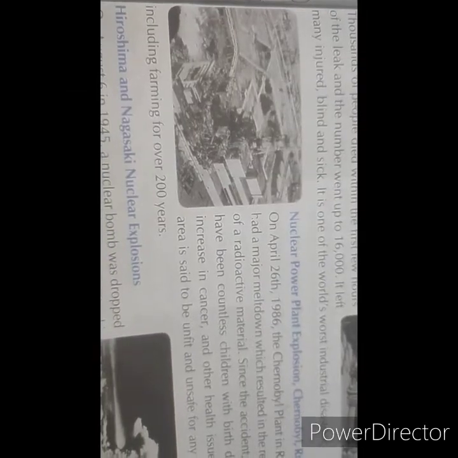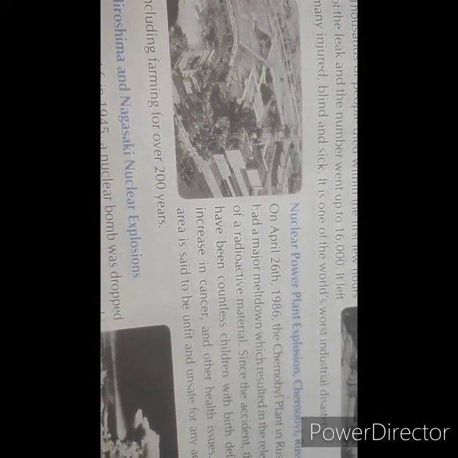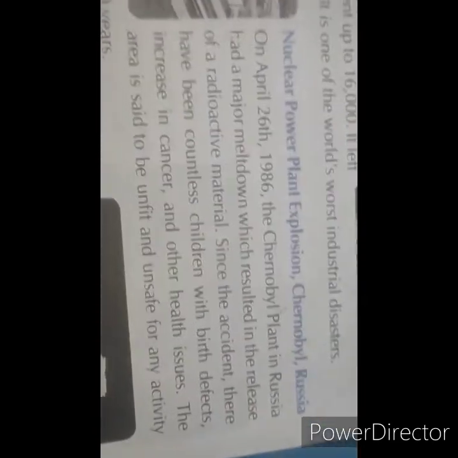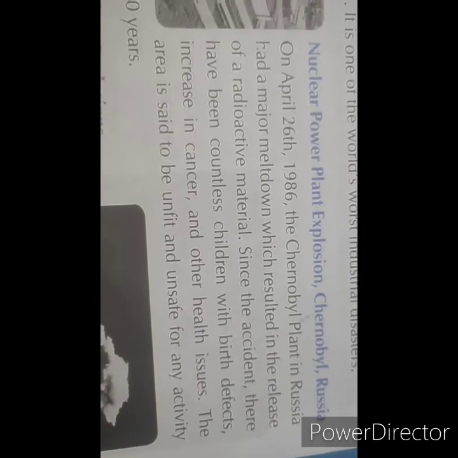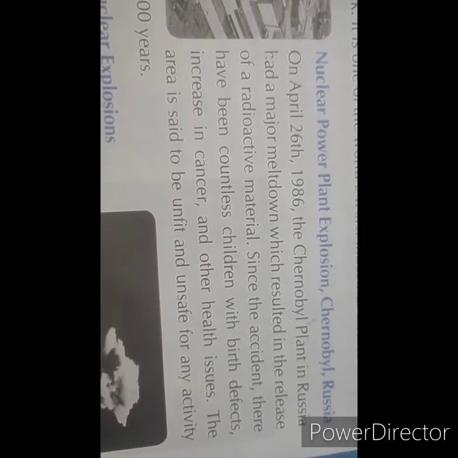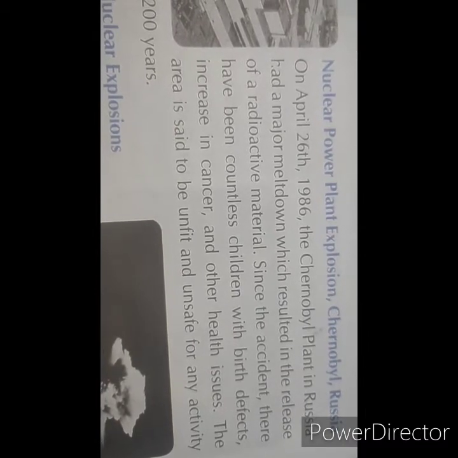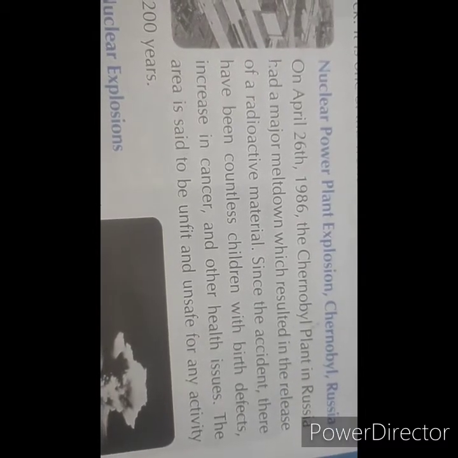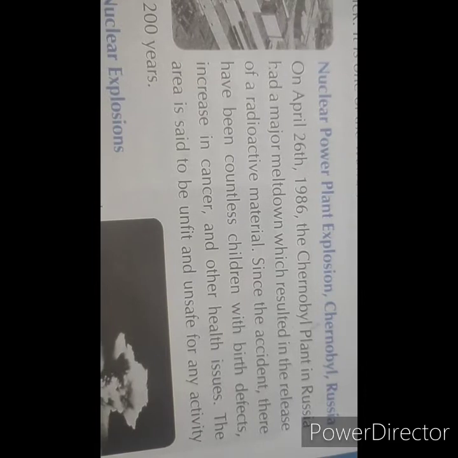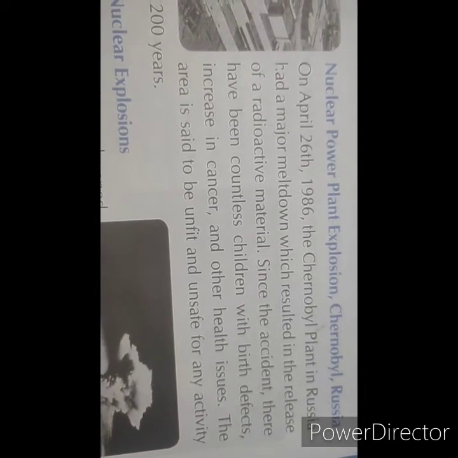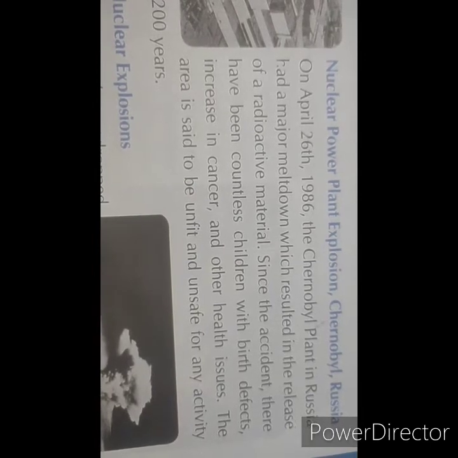Next is nuclear power plant explosion, Chernobyl, Russia. When did it happen? It happened on April 26, 1986. The Chernobyl plant had a major meltdown which resulted in the release of radioactive material.